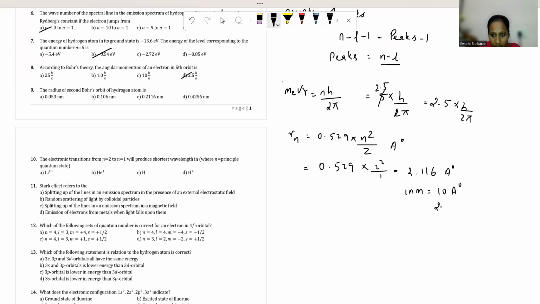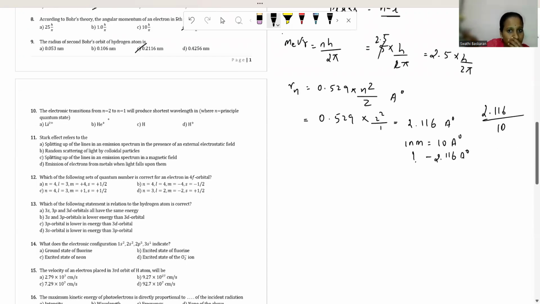And if you want to convert this 2.116 angstrom units to nanometers, what you have to do? So this value, that is 2.116 divided by 10, if you do, you get the answer, which is nothing but option C. So option C would be correct. That is 0.2116 nanometers.